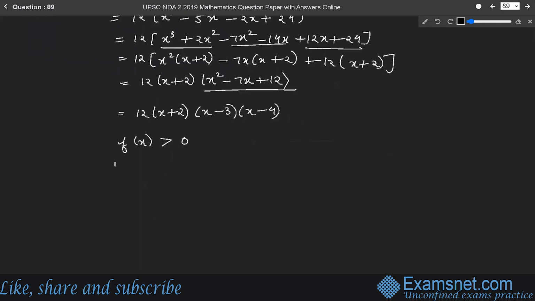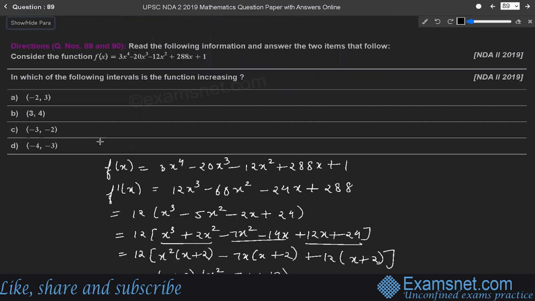Therefore, 12(x plus 2)(x minus 3)(x minus 4) is greater than 0. Therefore, x is less than minus 2 or x is greater than 3. So we can say that the values will be minus 2 and 3. So f of x is increasing on minus 2 comma 3. Therefore, the correct option for this question is option number A here.